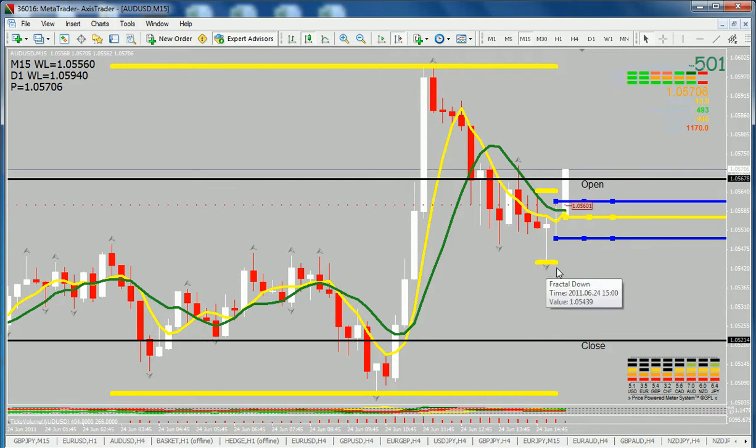To change trend direction, we would need a fractal breakout past that point. See, we are going up in an upward trend, and the trend has not changed.